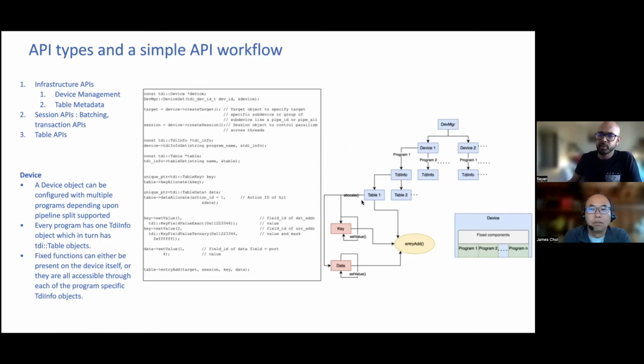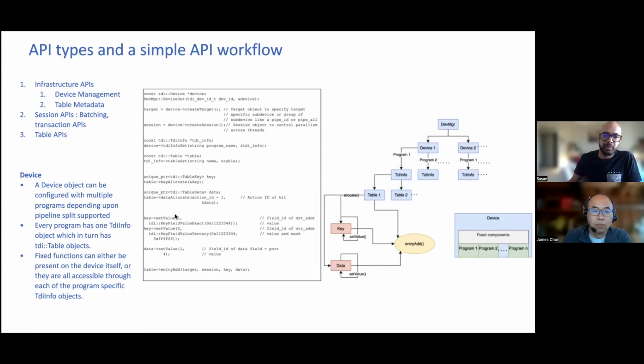You can get to a table representation. Once you get to a table representation, you can allocate keys and data objects. Then on the key object, you can set values on all of the fields using their field IDs. You can do the same thing for the data object.